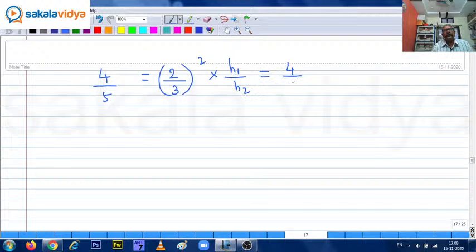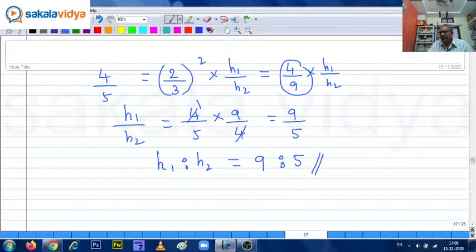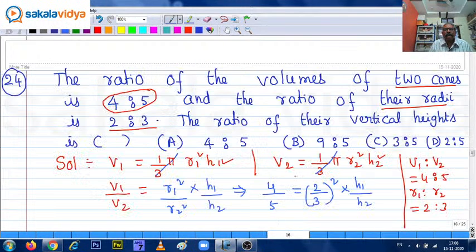This is equal to 4 by 9 into h1 by h2. So now h1 by h2 is equal to 4 upon 5 into, this reverses, 9 upon 4. 4 cancels, so 9 upon 5. So the ratio between the vertical heights h1 is to h2 is equal to 9 is to 5. Yes, B is the right option.